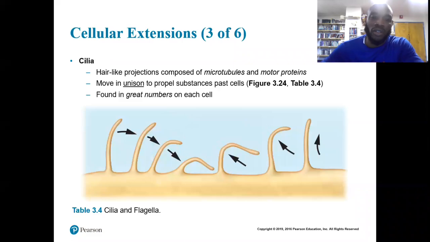Cilia. We have hair-like projections composed of microtubules and motor proteins. So bigger tubules, bigger filaments, microtubules and motor proteins. They move in unison to propel substances past cells, found in great numbers on each cell.